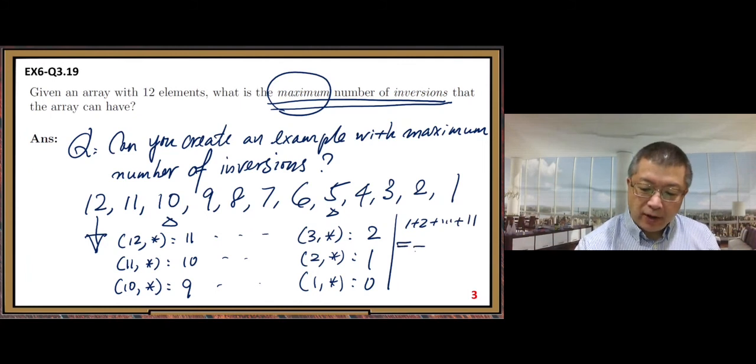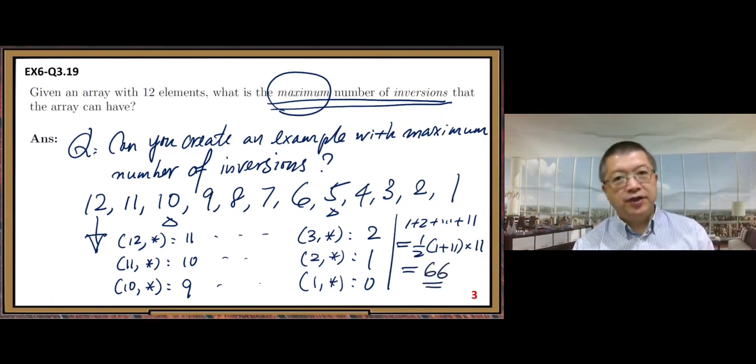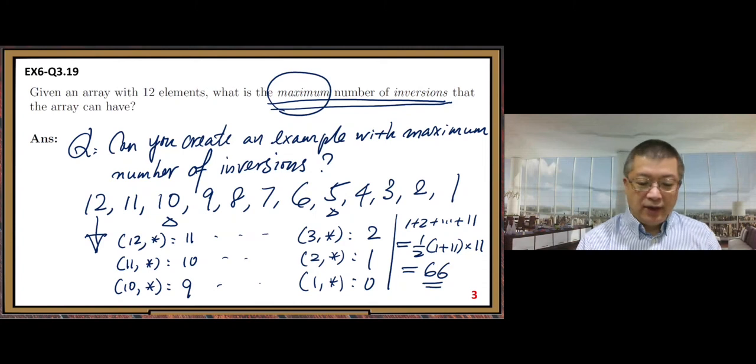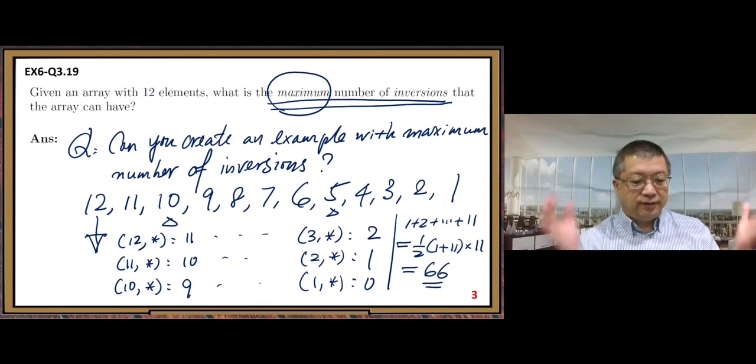Find this number. Use the formula (1 plus 11) times 11 over 2. 12 times 11 over 2, that is 66. How about that? The answer is 66. Okay, so that's our question number 3.